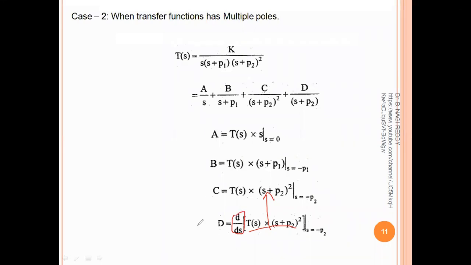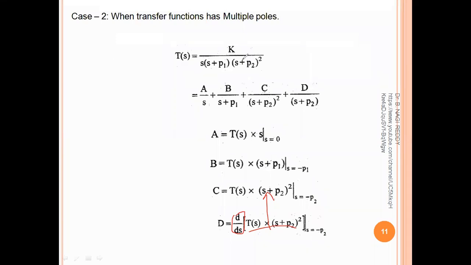This is how we can calculate the constants A, B, C, and D, and then we split the entire transfer function into partial fractions to apply the Laplace inverse transform to attain the time response. So this is our second case.